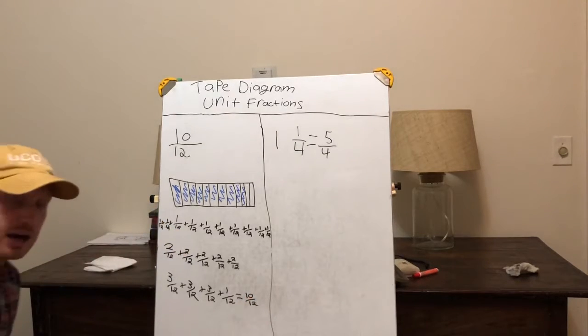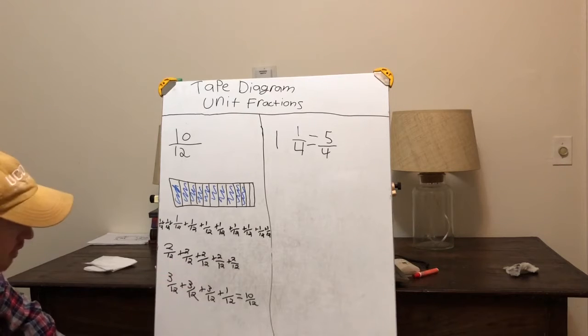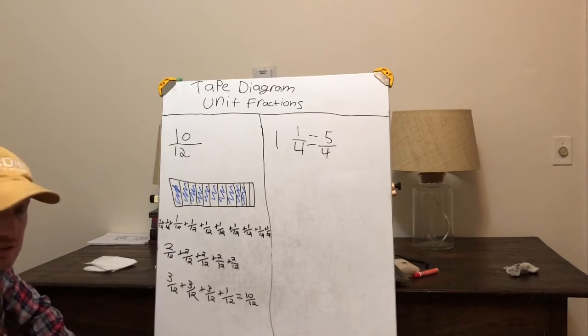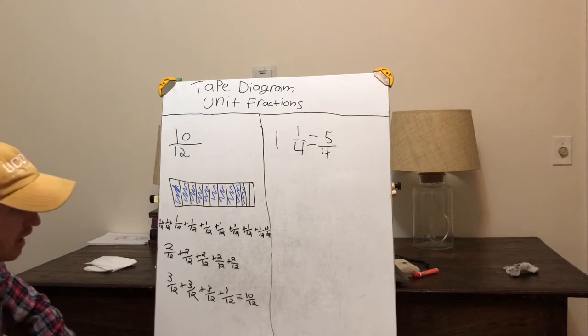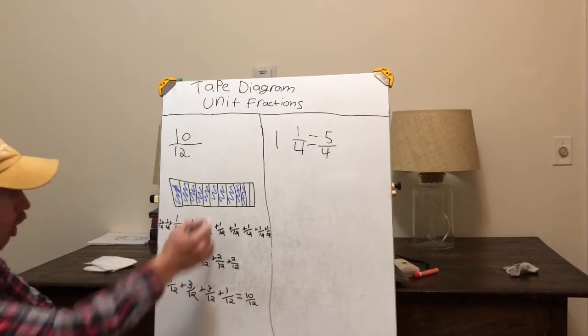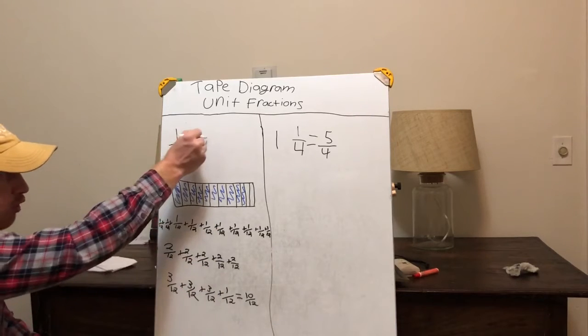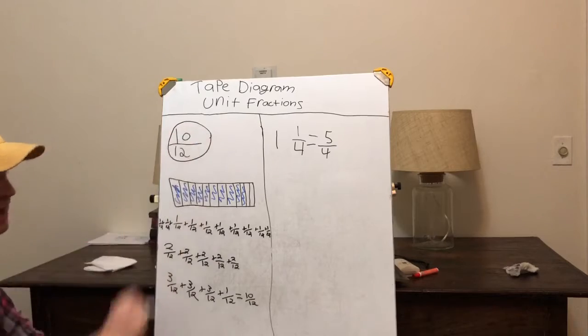So this time I got really tricky and I didn't make all of the numerators the same thing. 3 plus 3 is 6, plus 3 is 9, plus 1 is 10. 10 over 12. All of these are representing the same thing. They're all representing 10 over 12.